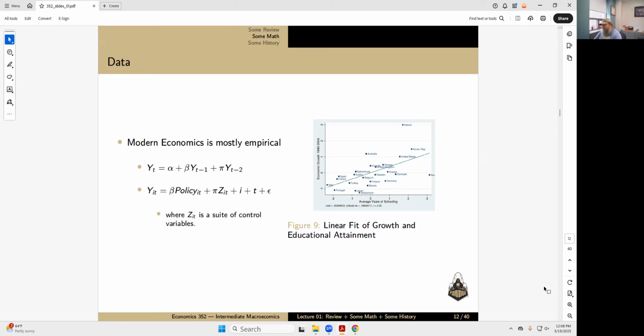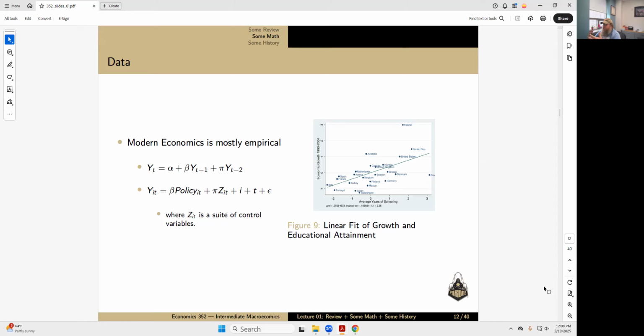So if the government cuts taxes, what do we expect to happen to GDP? If the government deregulates, let's say the automotive industry, what do we expect to happen to imports and exports? Let's say some other country opens up a brand new solar panel factory. What's that going to mean for solar panel factories here in the United States, right? So that's a lot of what we do nowadays, empirical analysis of economic questions.